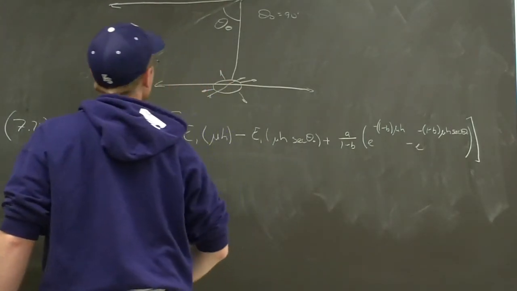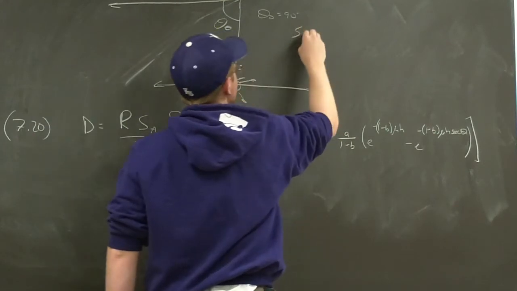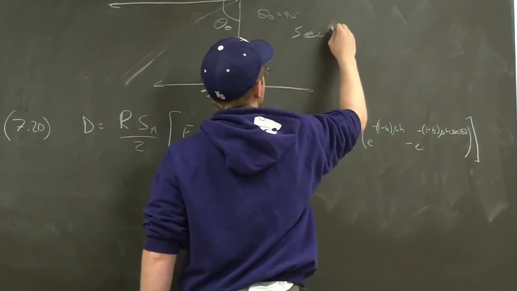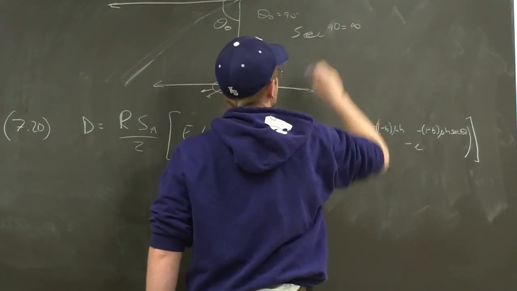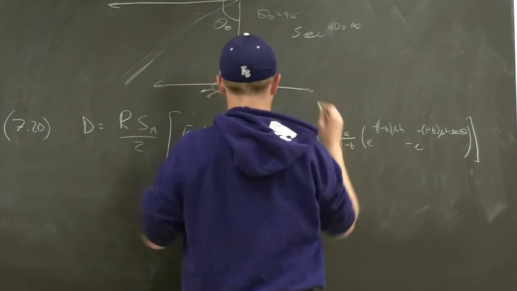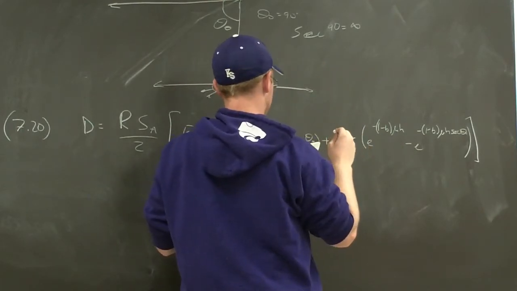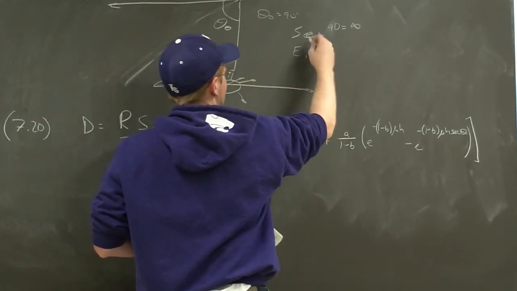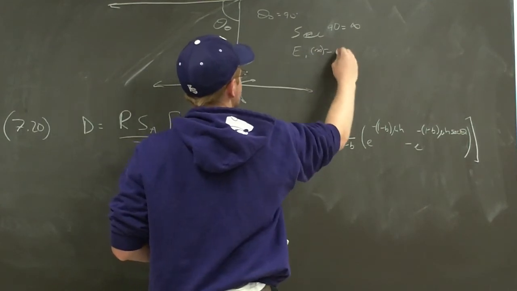And the secant of 90 degrees equals infinity. So that pushes E1 to infinity, or E1 of infinity, which is 0.